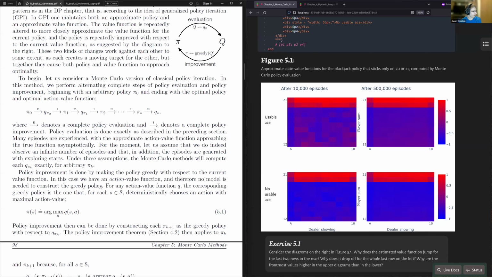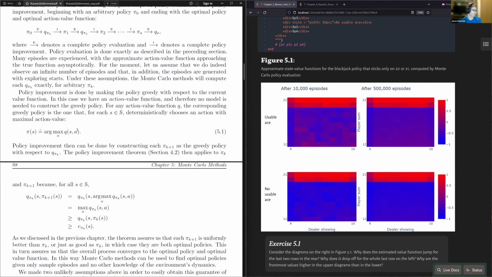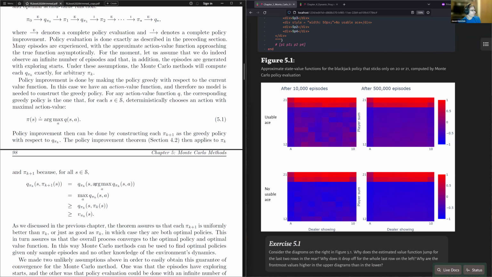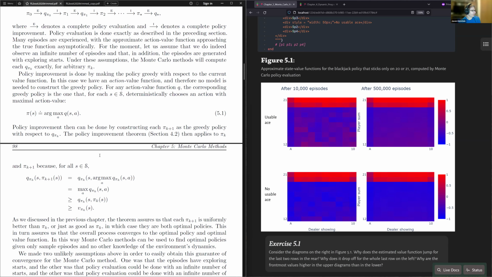The other important thing from the previous chapter is that if we consider a new policy which, at a particular state, instead of following the action of the policy, follows the action that maximizes the Q function, then we have this property.